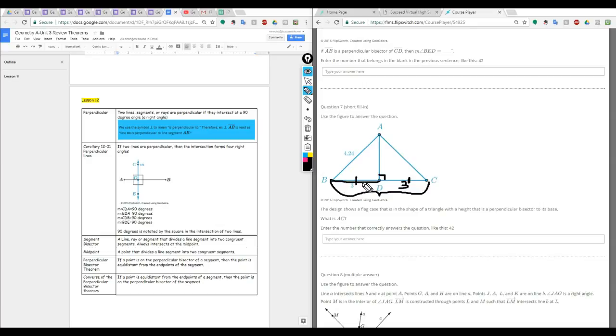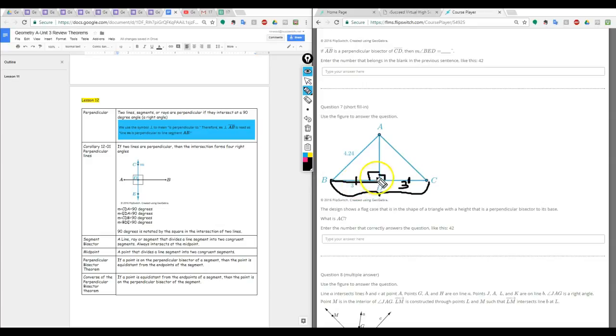So for triangles to be congruent, we have side-side-side, side-angle-side, or angle-side-angle options. And right now, we're given a side and an angle. And we know that if two lines are perpendicular, then their intersection forms right angles. So this angle is 90 degrees as well.